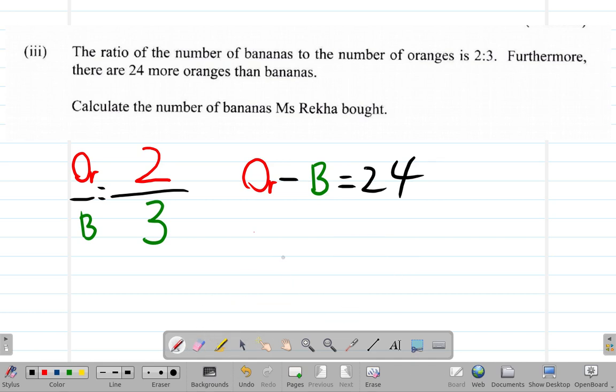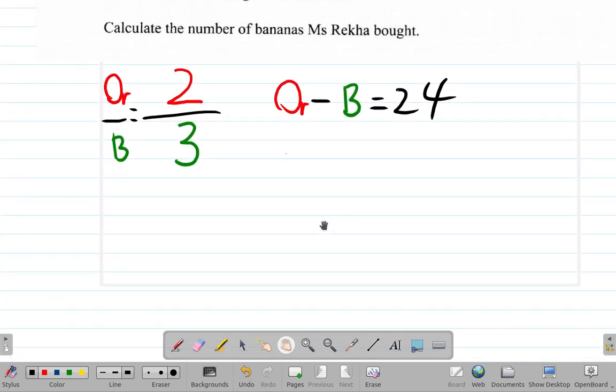Alright. What do you do now? They want you to calculate the number of bananas. What do you do? You can multiply both sides of this part by bananas.